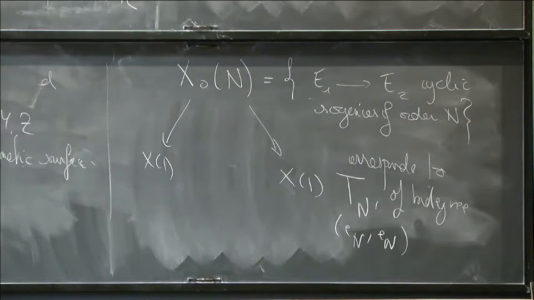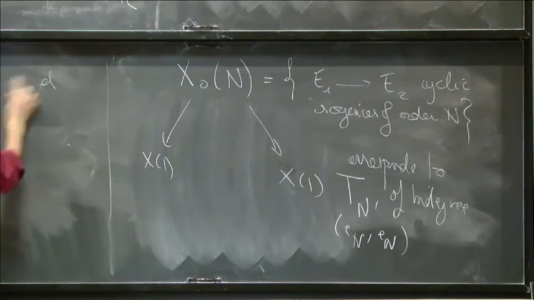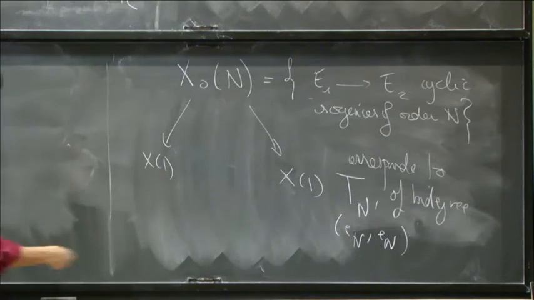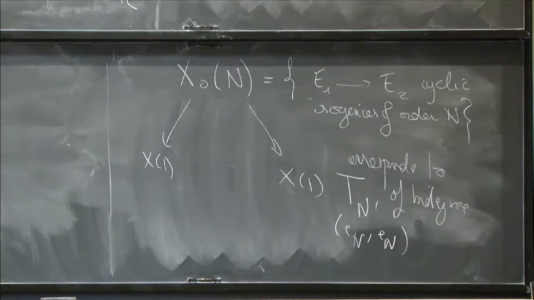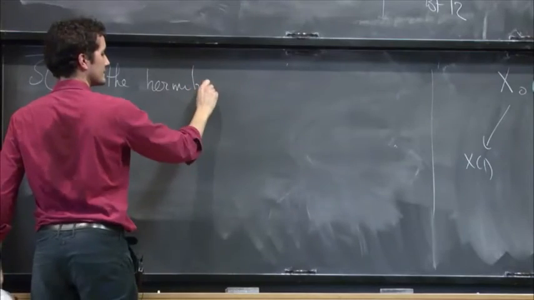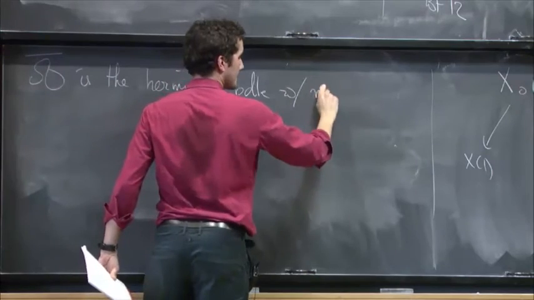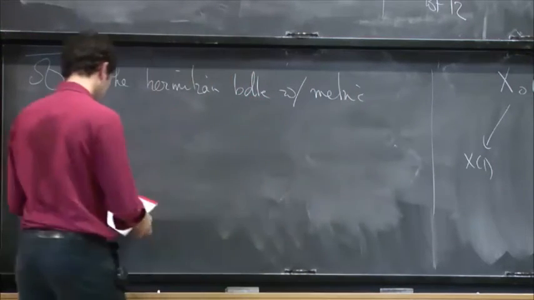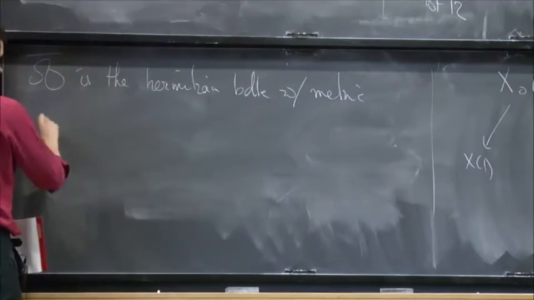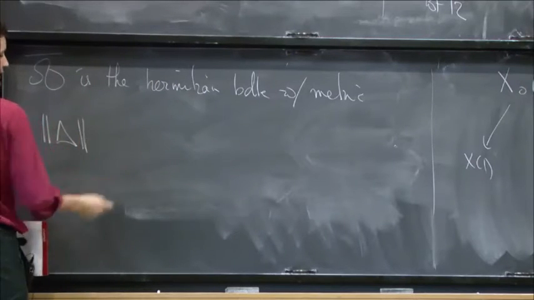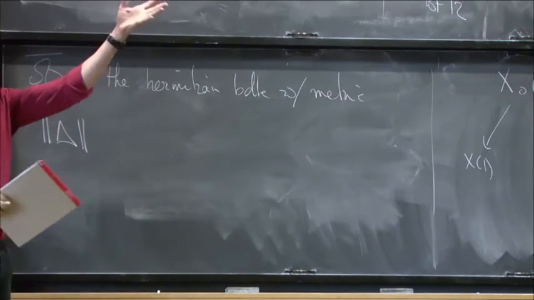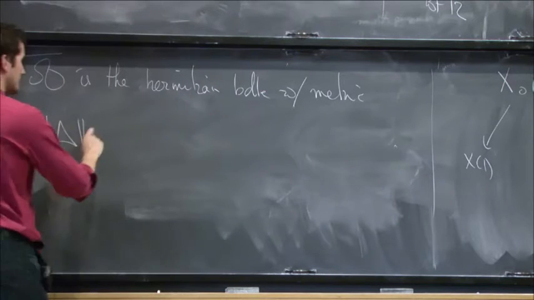And this is endowed with the Petersson metric. M bar is the Hermitian bundle with metric. So let me just not make a mistake. We have delta, which is a section of M, the pullback of the section that vanishes at infinity.